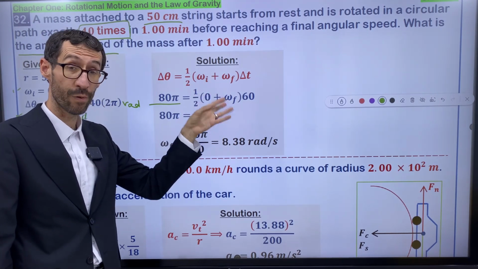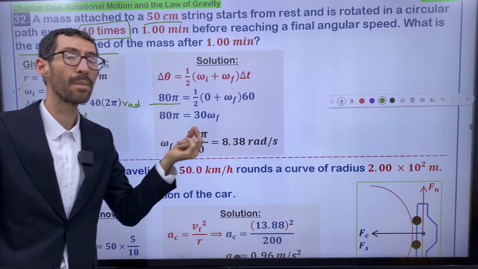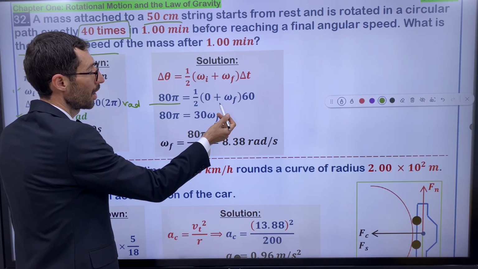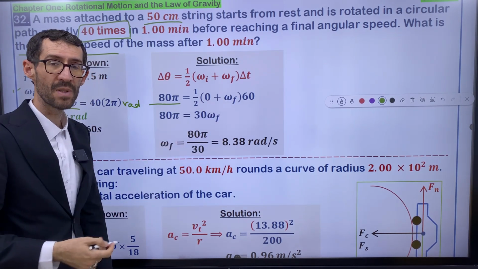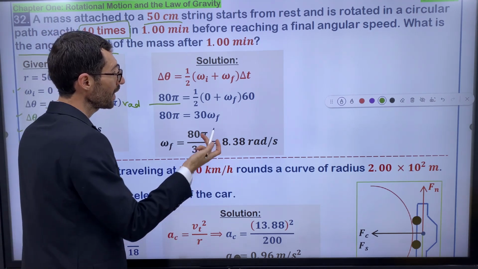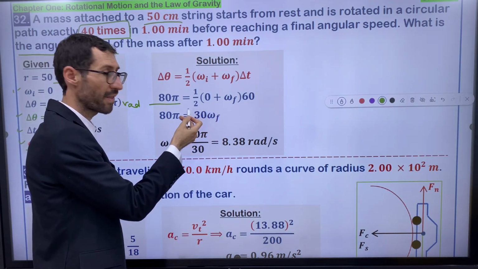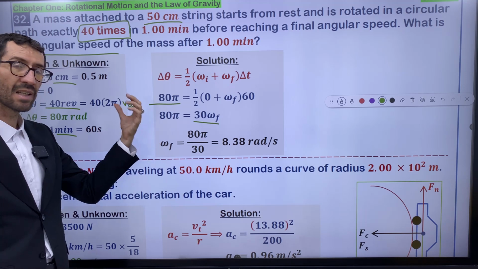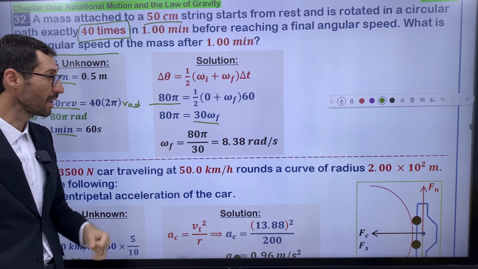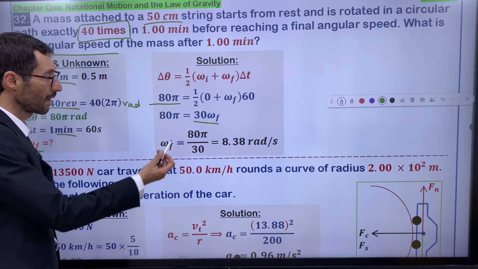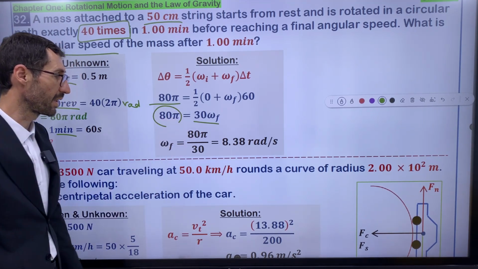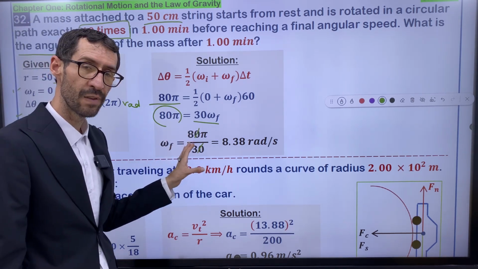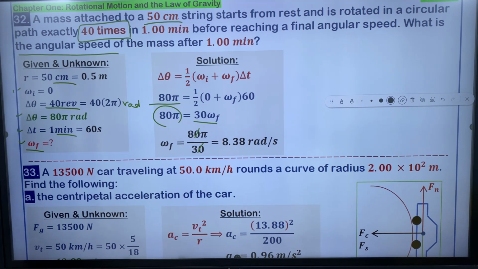Omega final, we look for it, and delta t is 1 minute, which is equal to 60 seconds. So in this situation, inside the bracket becomes omega f only. 60 divided by 2 becomes 30. So 30 omega f in the right side. And in the left side, we have 80 pi. Omega f becomes 80 pi divided by 30. 0 cancels 0 here. 8 divided by 3.38 rad per second.